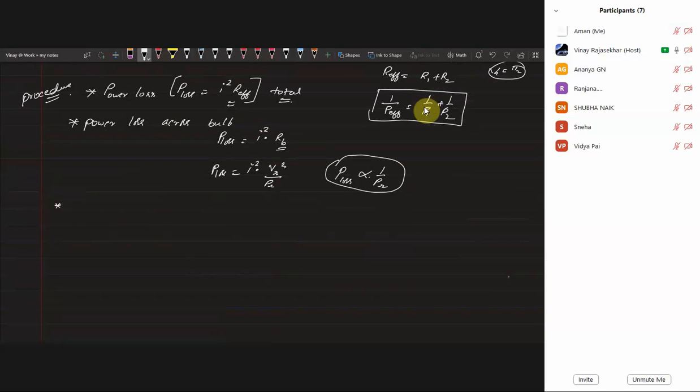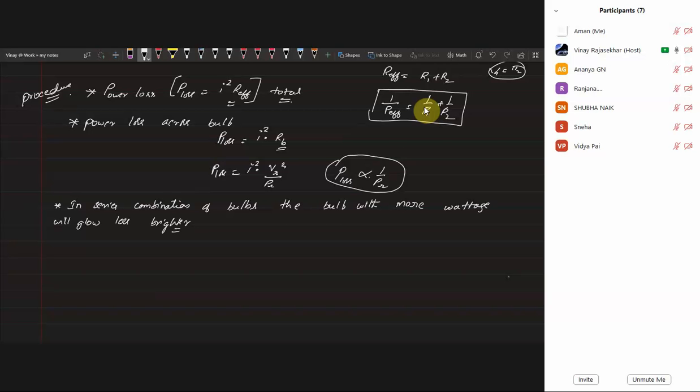Now please remember, in series combination of bulbs, the bulb with more wattage will glow less bright.